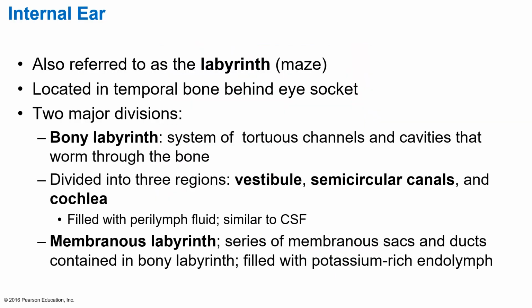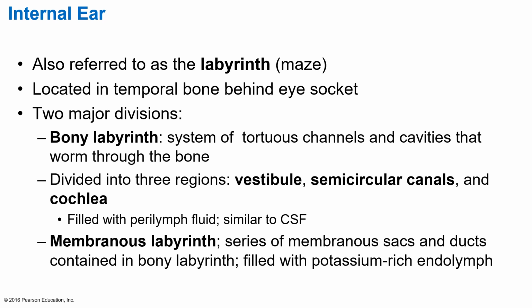Inner ear, also referred to as the labyrinth, because it looks like a maze, as we just saw. It's located in the temporal bone behind the eye socket. There's two major divisions. We have a bony labyrinth and a membranous labyrinth. Bony labyrinth, system of tortuous, which means, think of it like an old country road, so windy. Tortuous channels and cavities that worm through the bone. Sounds kind of gross, worm through a bone.